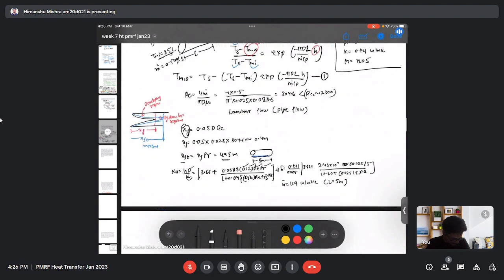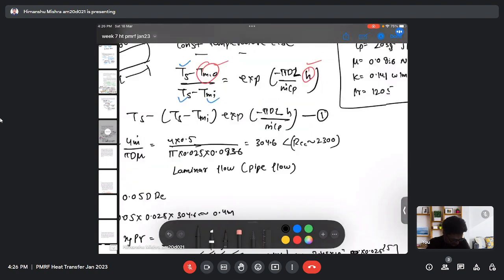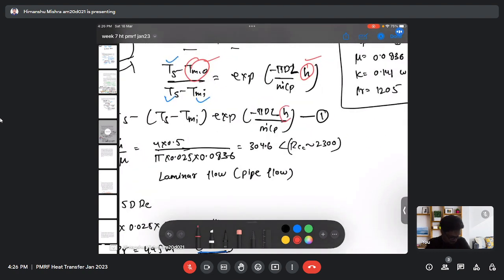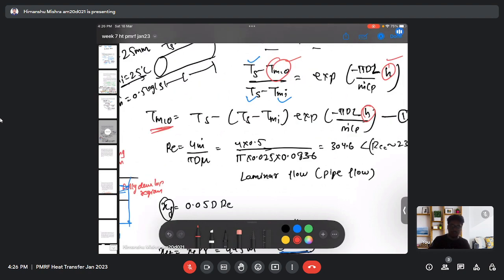And once we get the heat transfer coefficient, we can put it back here to determine the outlet temperature.